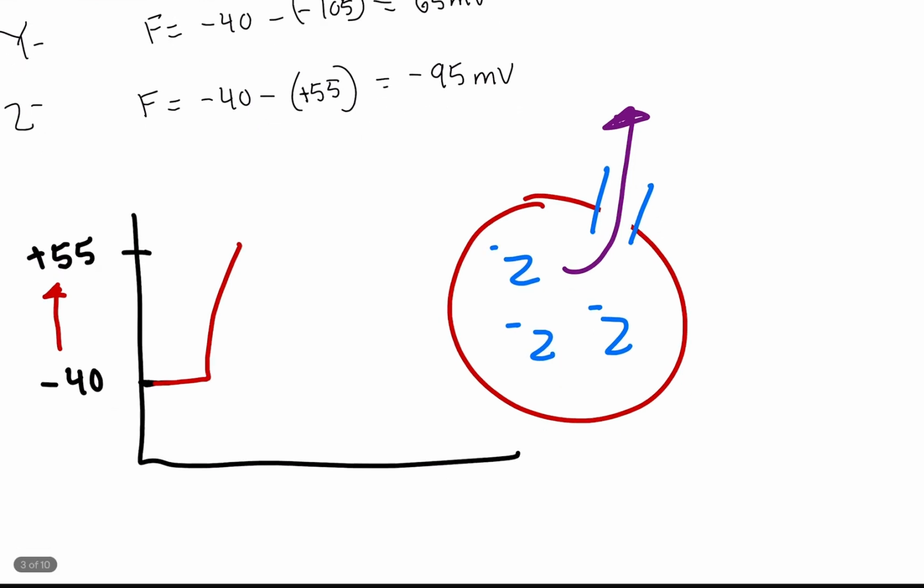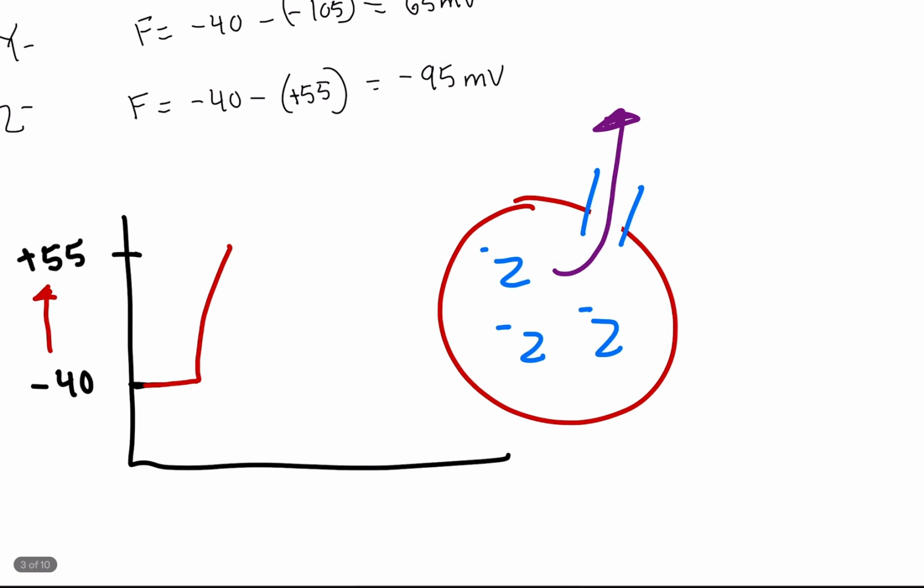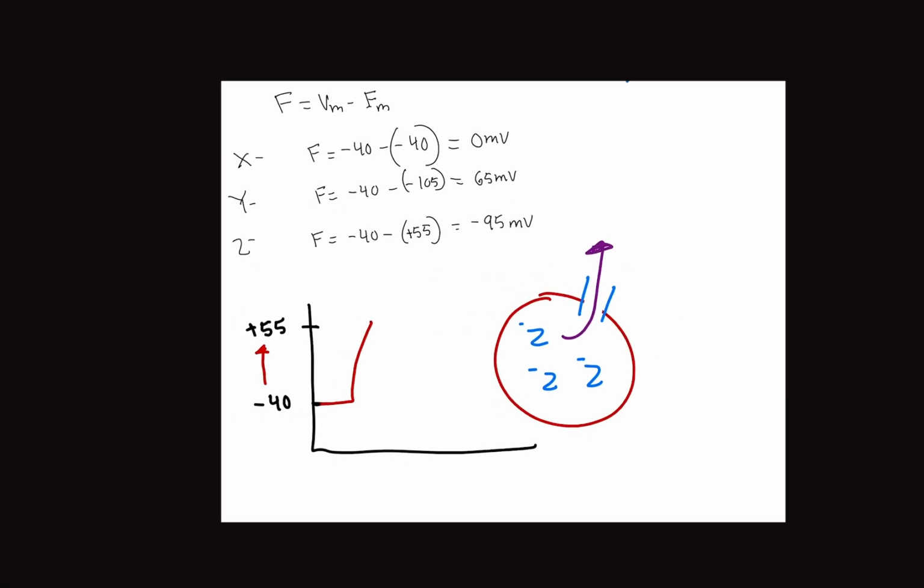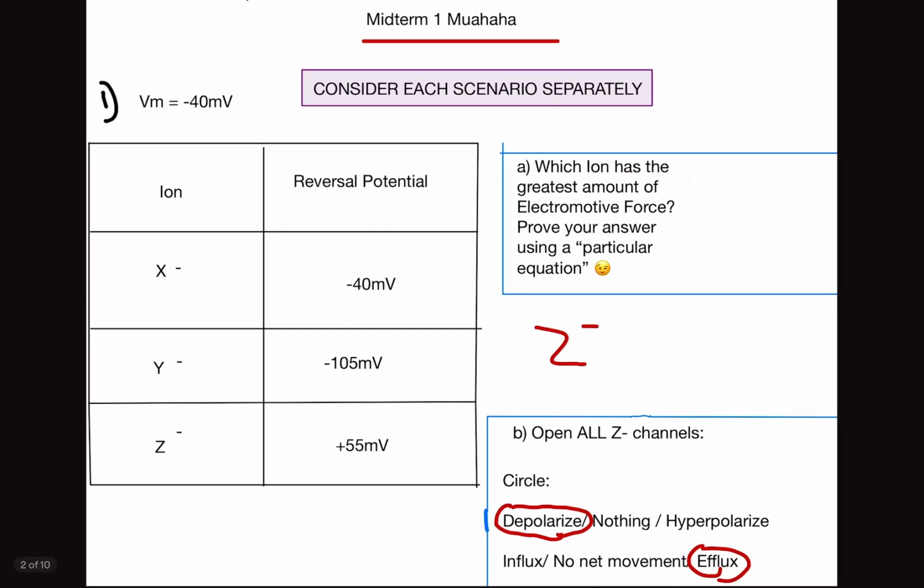Just imagine if the Z ions went inside. Z ions are negatively charged, right? If you put more negative stuff inside the cell, it's going to get more negative. But if we take negative stuff out of the cell, like we're taking out Z ions, it's going outside, the cell's going to get more positive. That's what an efflux is.